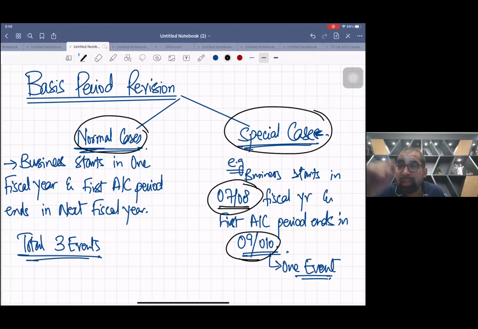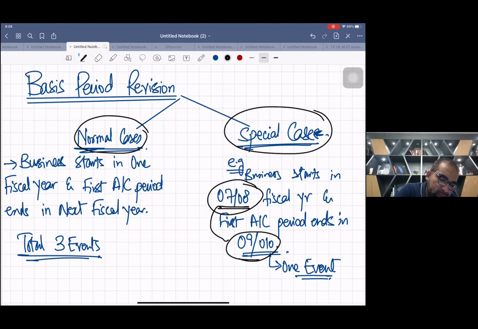That means there is a skip, a jump of one complete fiscal year, because after 07-08 there is 08-09 and then 09-10. So this is a special case. And now let me tell you the rules of this special case.